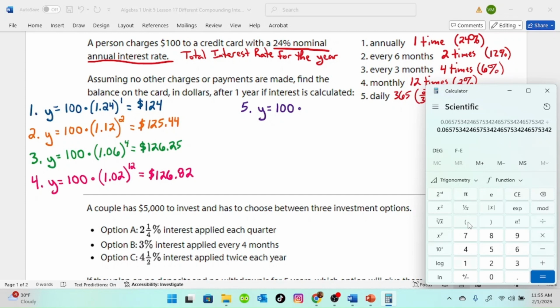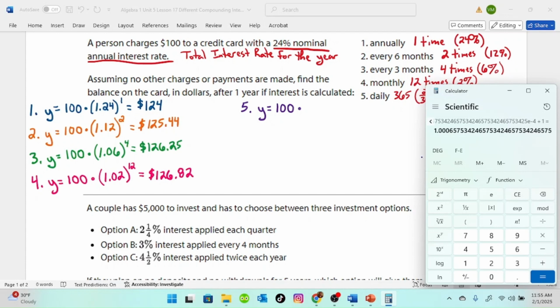So divide it by 100. And we're going to add 1 to maintain the current amount. So now we can see that this would be 1.000657.